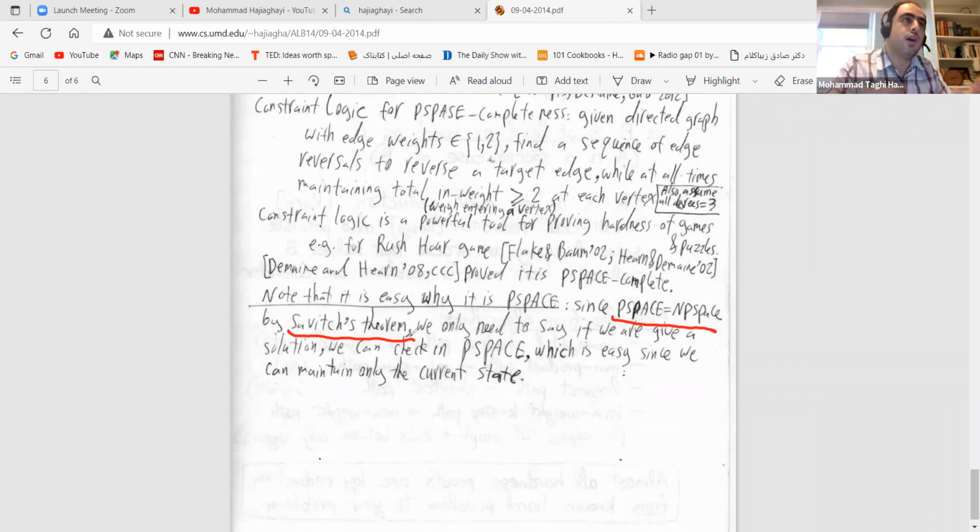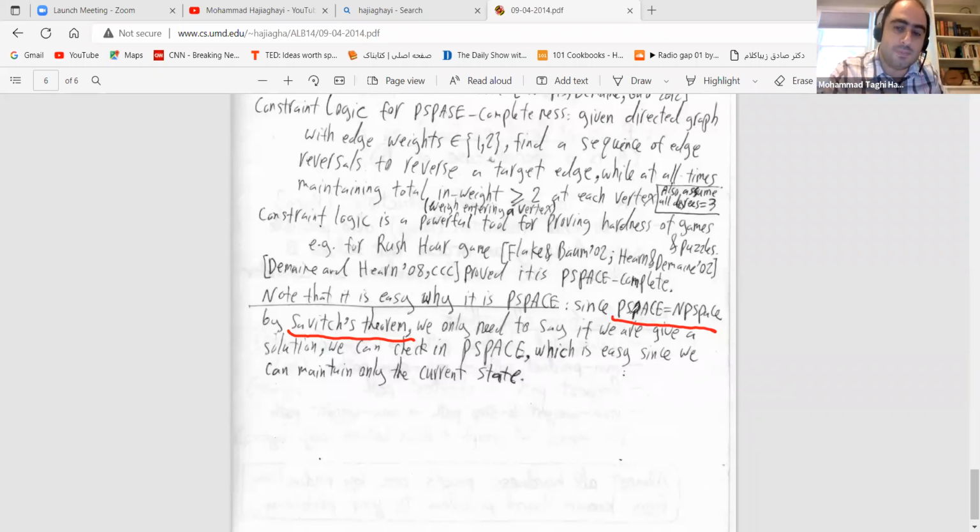For a given guess, I can just see whether it is a solution or not. And NP was exactly this: a certificate, a solution is given to us, and we want to see whether it is valid or not.